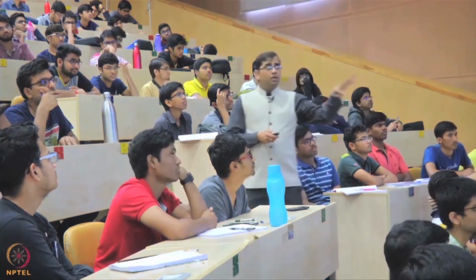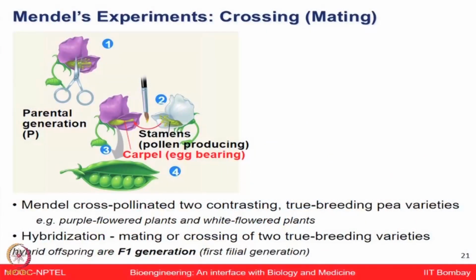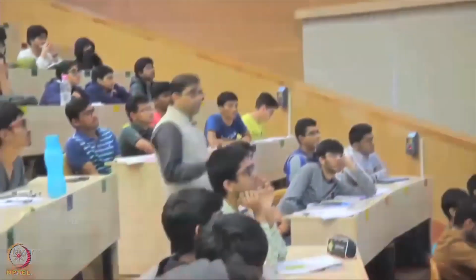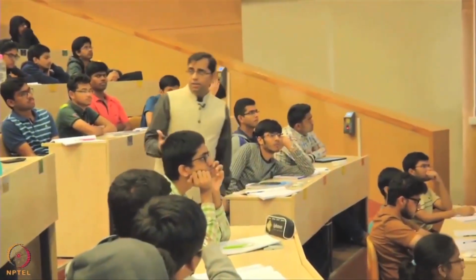Whatever he wanted to study, only those pollinations he wanted to do. So he cross-pollinated only 2 contrasting, true-breeding pea varieties. So purple versus white, for example, or long versus short, or yellow versus green, seed shape, etc.